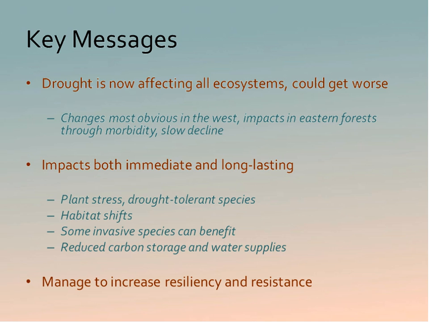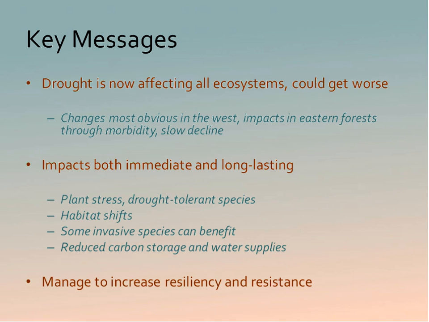The key messages then that are going to come out of what we're going to talk about today, I think we'll all hit on these, at least these three themes, is that first of all, it's pretty clear that the changes in climate that we've been seeing in the last few decades are really affecting all ecosystems.